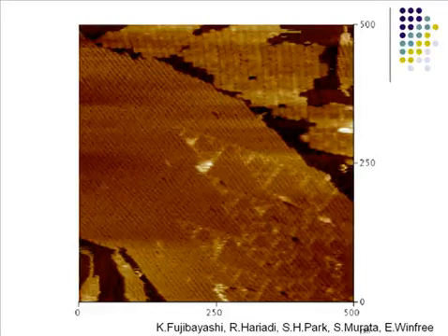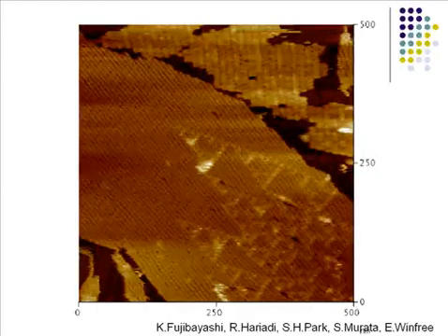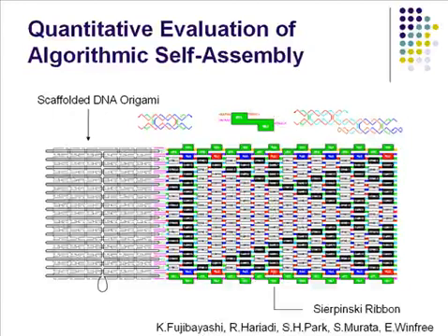And so, from an engineering point of view, it's quite important to know and control the error rate in this kind of nanofabrication. So, if you want to make something reliable, then we have to suppress the error rate quite low.